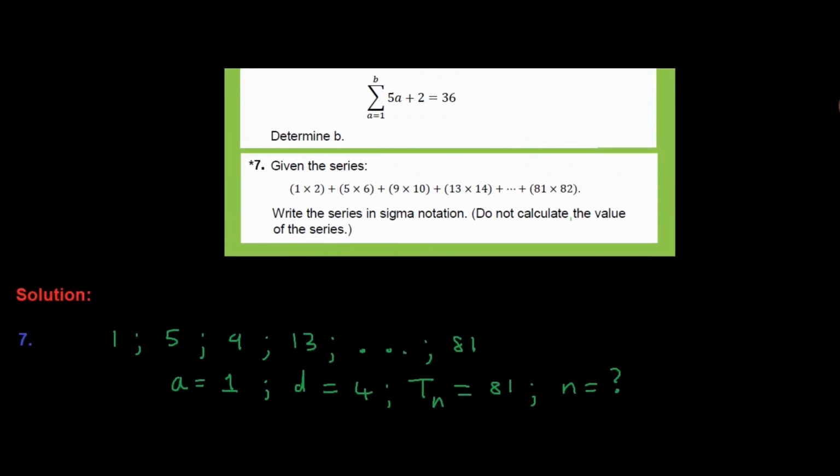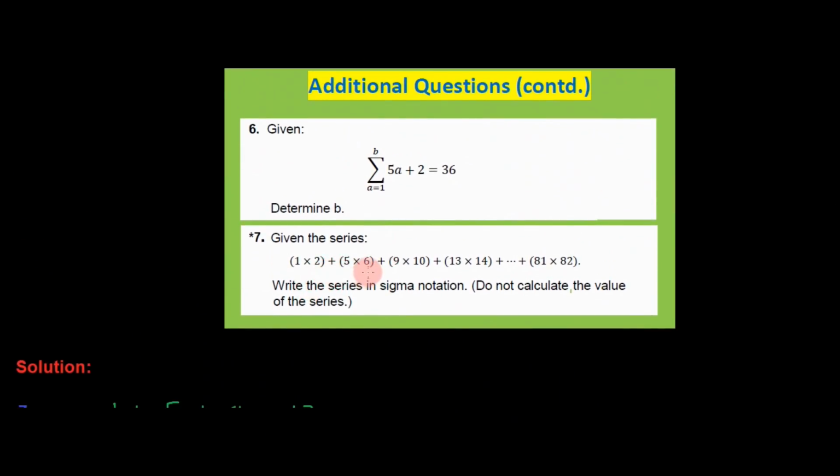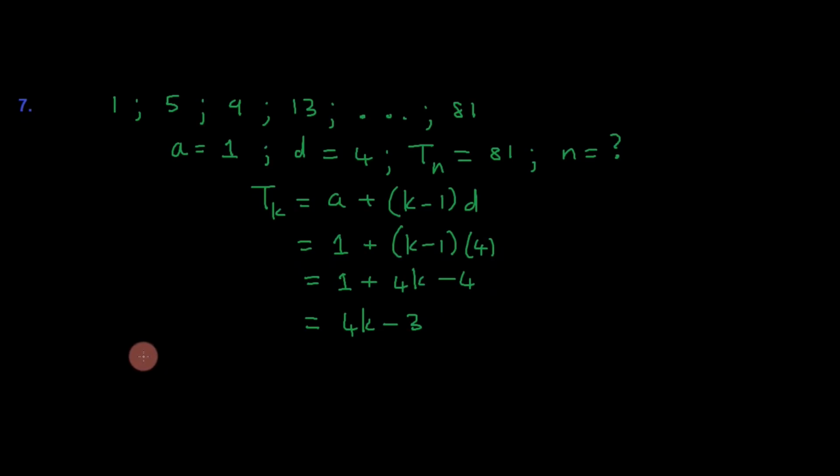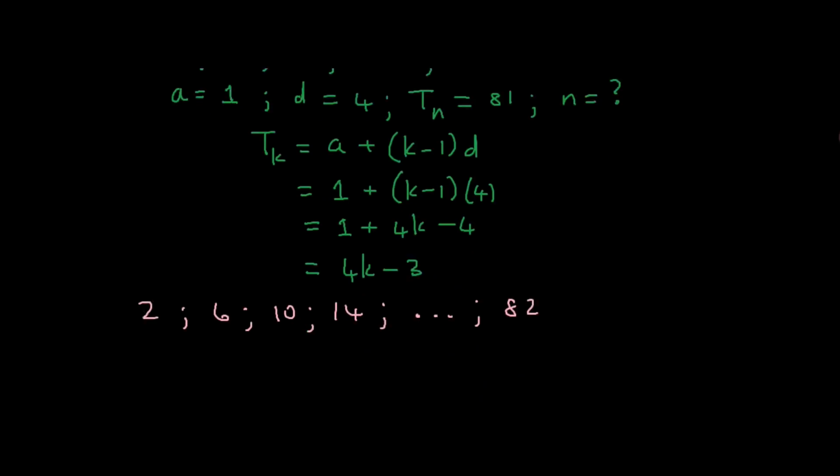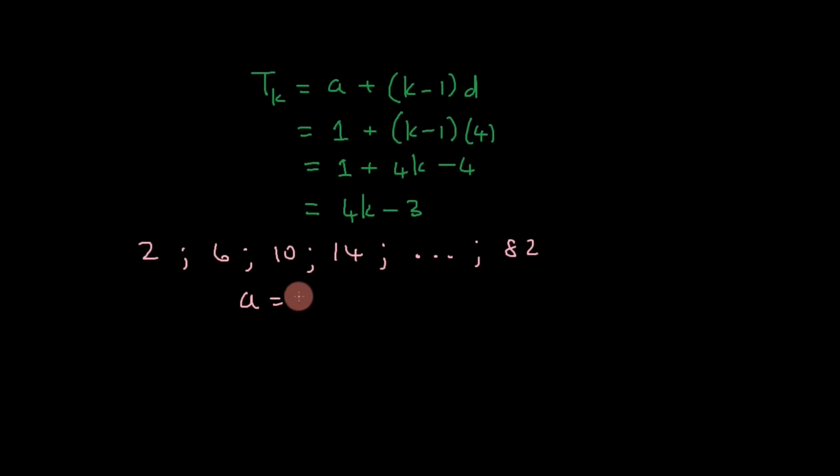Now we can look at the second set of factors. It's 2, 6, 10, 14, all the way up to 82. So let's write it down. 2, 6, 10, 14, up to 82. In this case, A is equal to 2. The common difference D is 4. We don't know the number of terms, but we do know that the value of the nth term is 82.